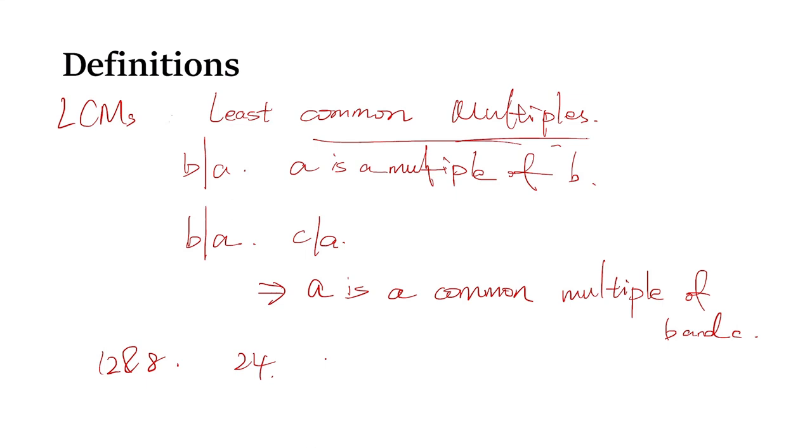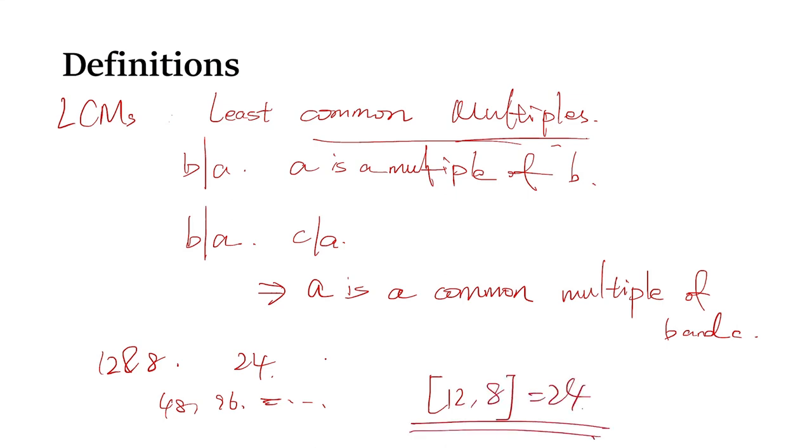They also have other common multiples such as 48, 72, and so on. Yeah, it does make sense. So there's also another way to express those. We write in this way, right? Okay.